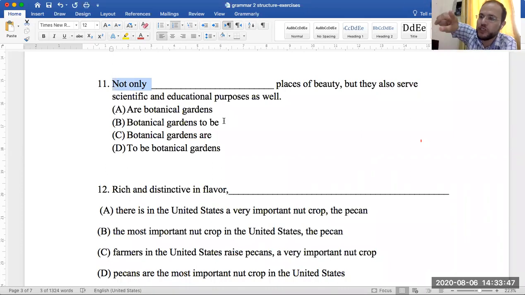So the auxiliary verb comes before the subject. The right answer here in 11 is as if you were asking a question. This is not a question; we move the auxiliary before the subject because of the negative expression here.